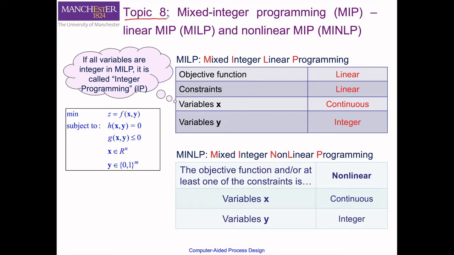In topic 8, we have introduced the use of integer variables to determine if a process unit or process option is selected or not. We then develop mathematical formulations for optimization of process synthesis problems to determine the best flowsheet structure.